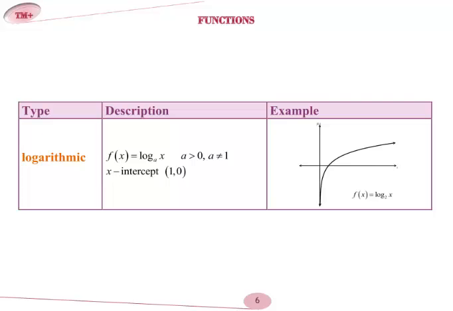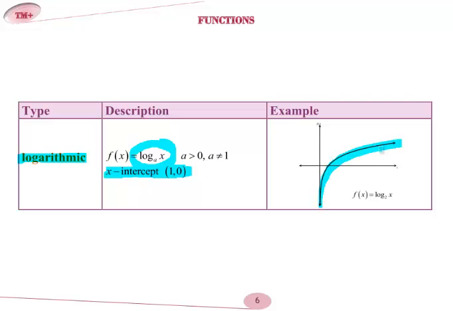Last one, logarithmic. Anything with a log in it. Okay, you've done logs before, so you know that that's going to be either a log to the base anything, or even a natural log can fall in here as well. Your x-intercept in this case is always 1, 0. Same reason, because anything to the power of 0 is 1, and your log graph looks like that.